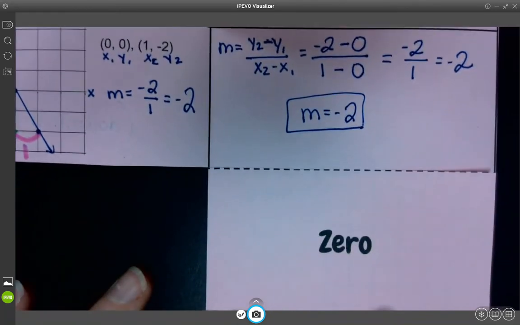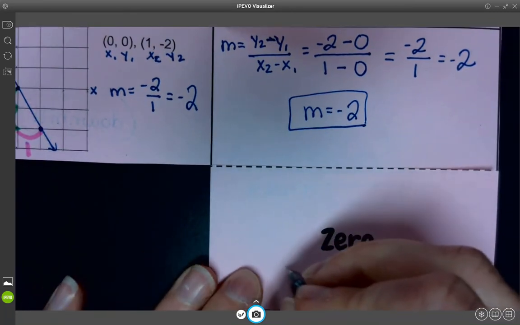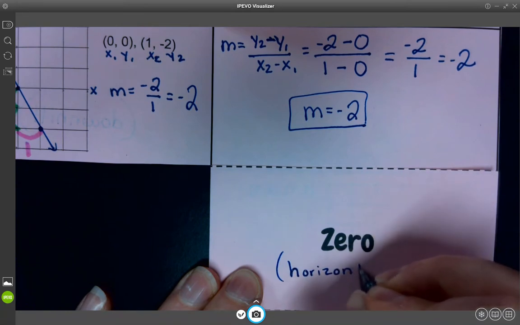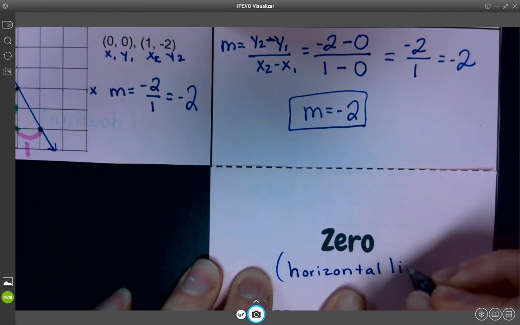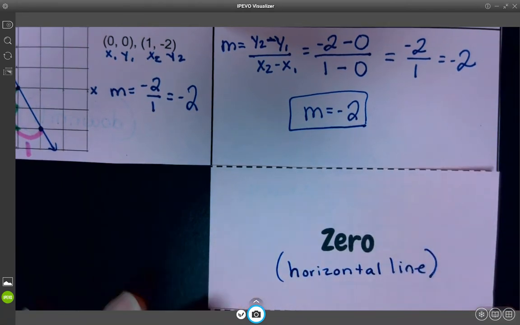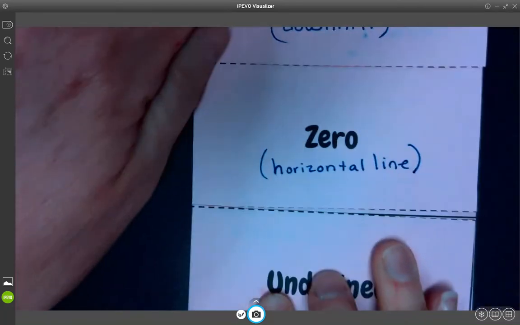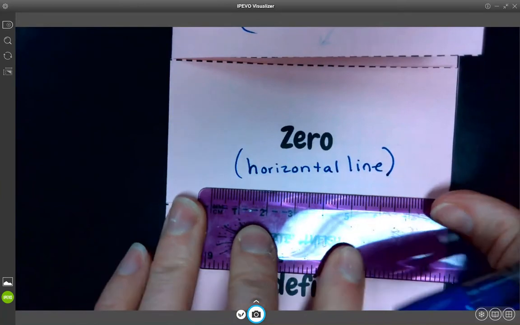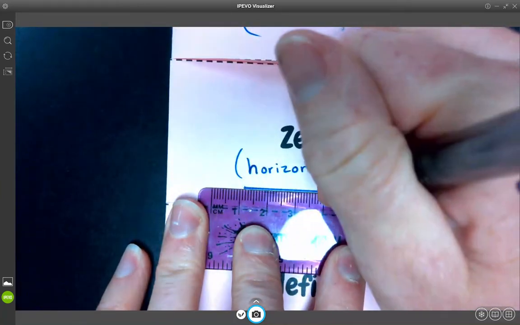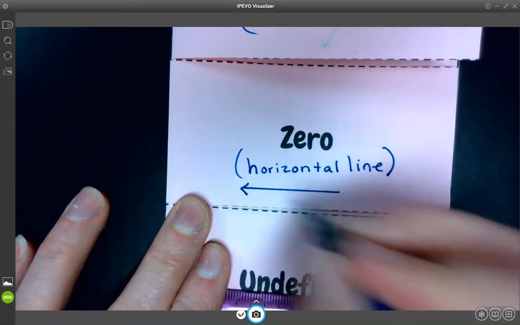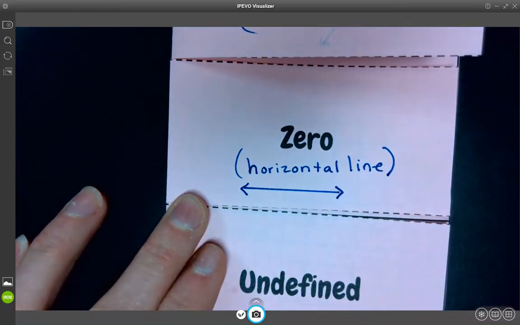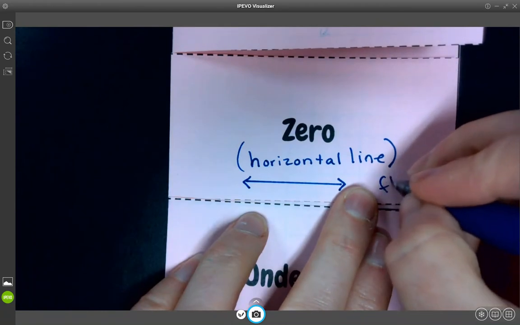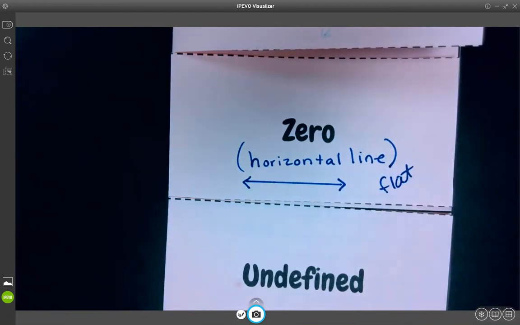All right, a zero slope is a horizontal line. Horizontal line. It's flat. If it has a zero slope, it means it's flat.